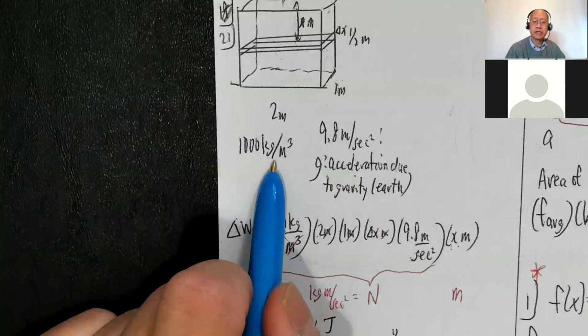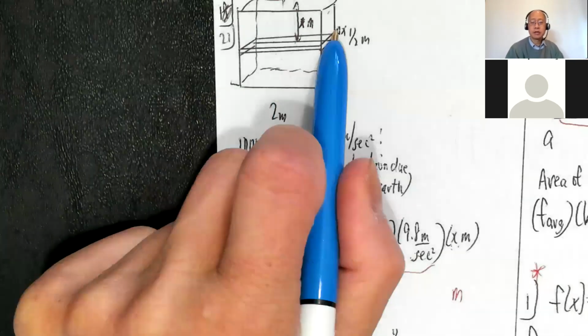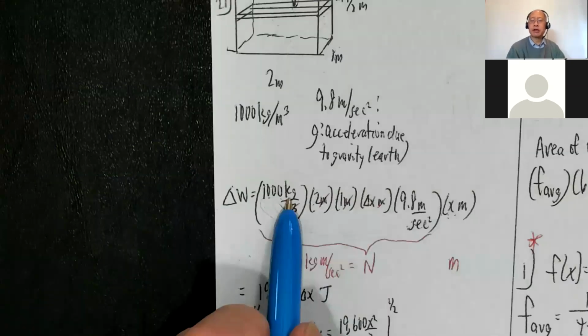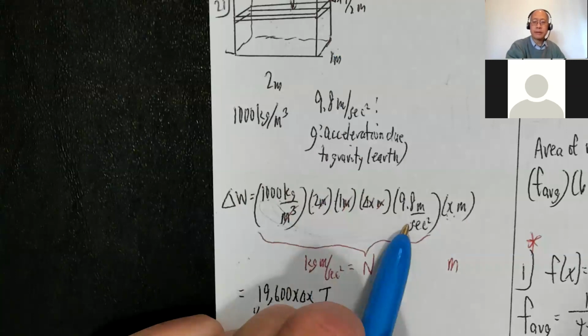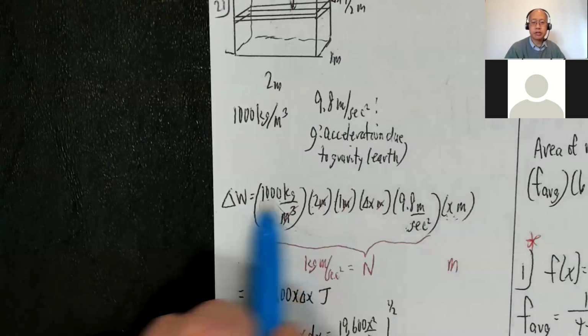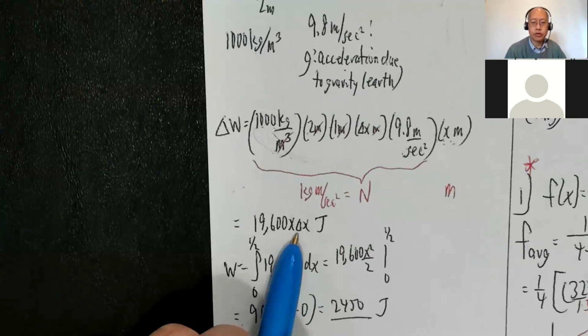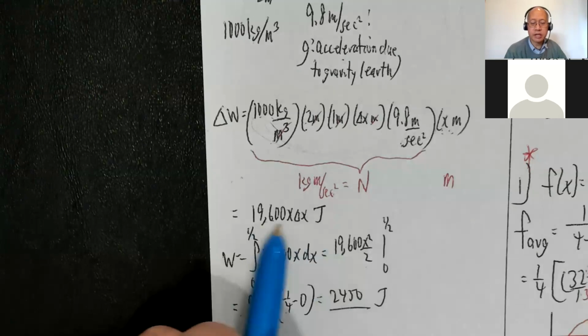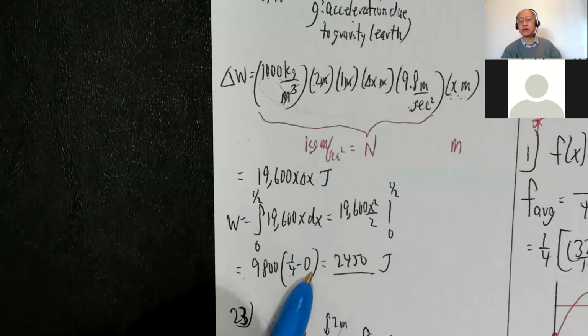Meters cubed in the bottom means I needed meters cubed on top. So meter times meter times meter, volume. Then I have kilograms, multiplied by the acceleration due to gravity on Earth. So right up to here, this is force, and then this is the distance. Punch it in your machine. 19,600 X delta X joules. That's what I integrate. Delta X in the integral becomes dx, 19,600, and the rest is plug-in.